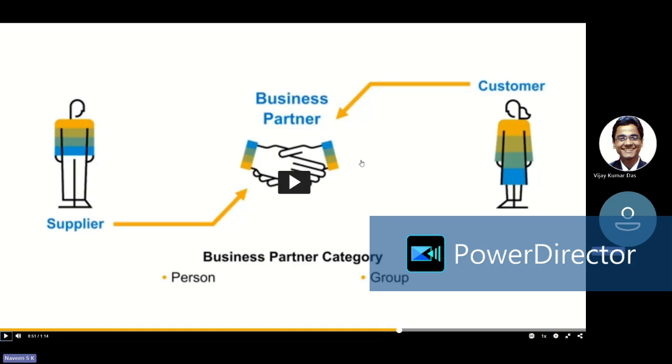Earlier in ECC, we had separate supplier master and customer master. Here they're combined, and we call it a business partner. A supplier may also be a customer, and in some cases a customer may be a vendor for the organization. That's why only one transaction is used to create both supplier and customer as a business partner.